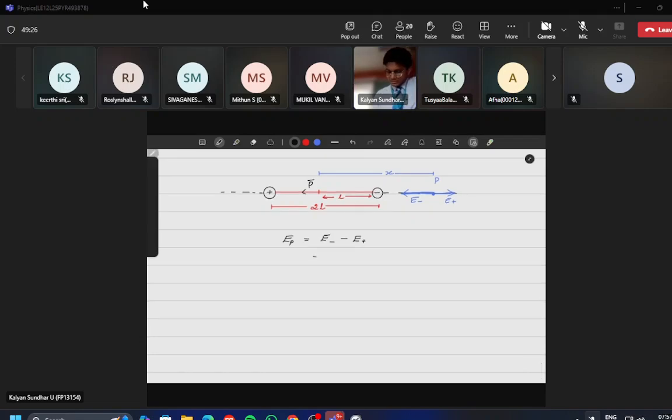This value will be the E minus value, K Q divided by the distance, which is x minus L, so x minus L the whole square, minus KQ divided by x plus L the whole square.